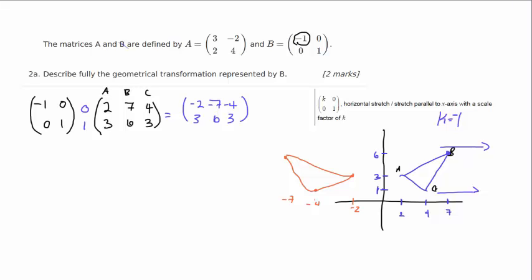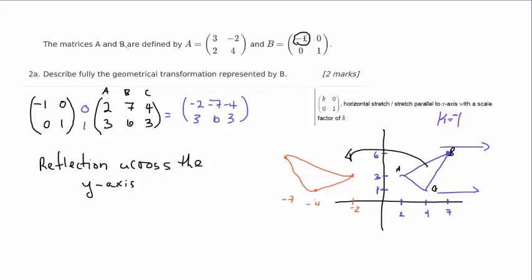So this transformation, you can think of it as a horizontal stretch, but really because of the negative sign, we have reversed everything and made the x values negative. So this is a reflection across the y-axis. And that is what matrix B really represents.